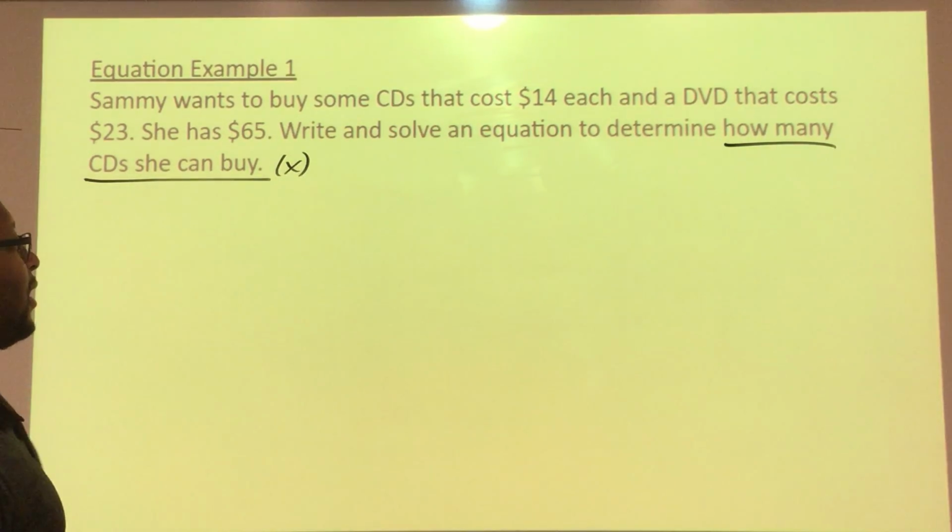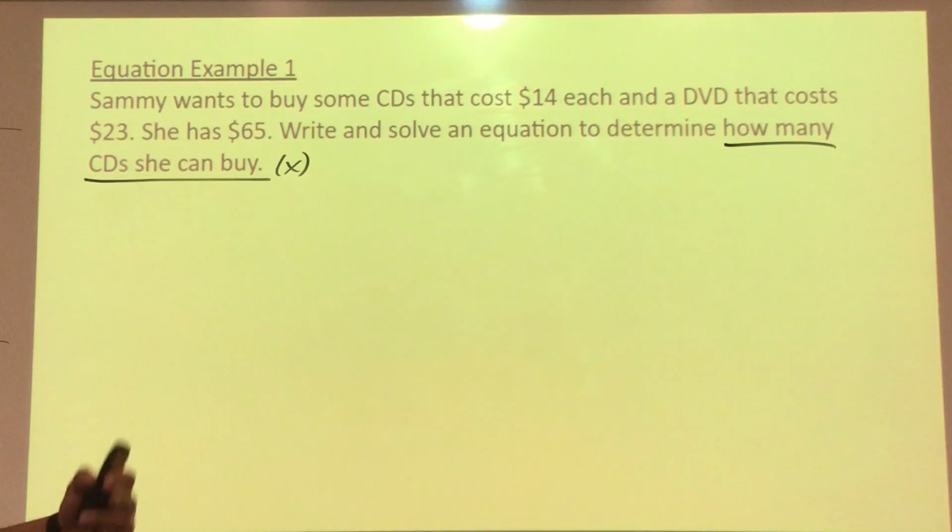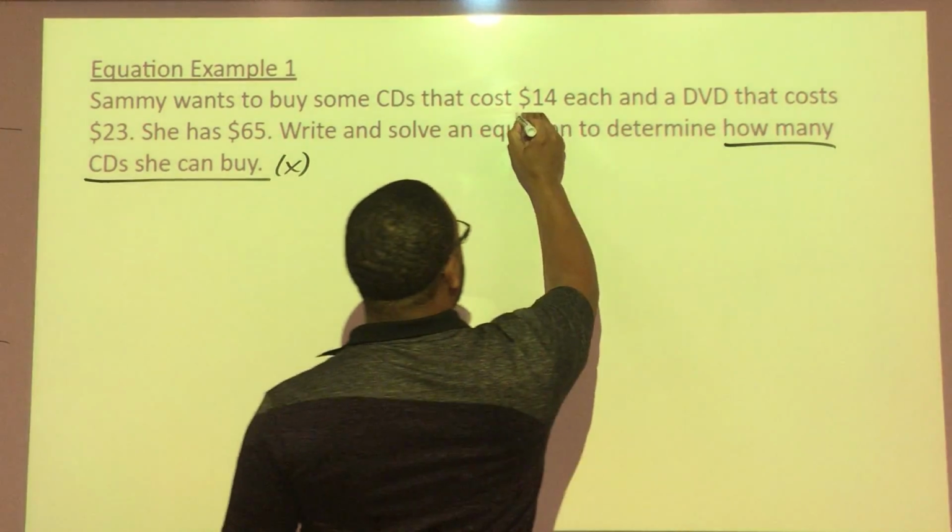Now, after I figure that out, I need to ask myself, well, what is the coefficient? What is the number in the problem that is linked very closely to x? And x represents how many CDs she can buy. So did they give us any other information about CDs? And they did. They told us that each CD is $14.